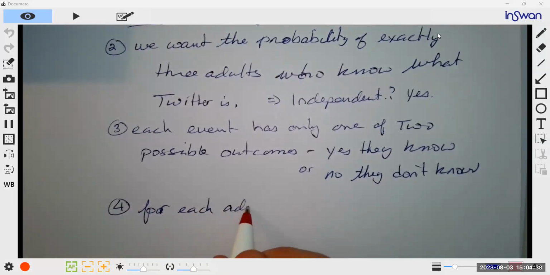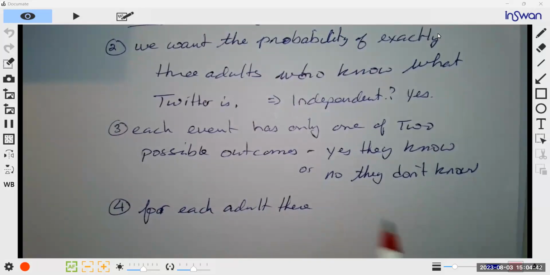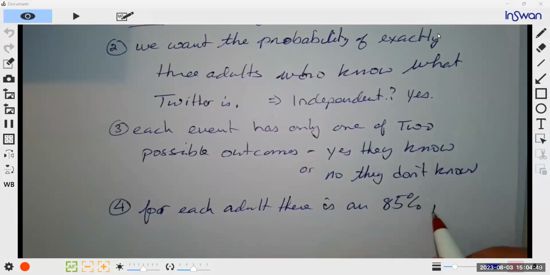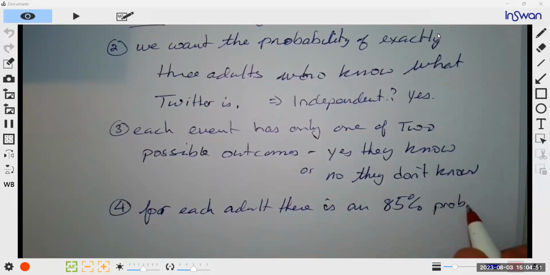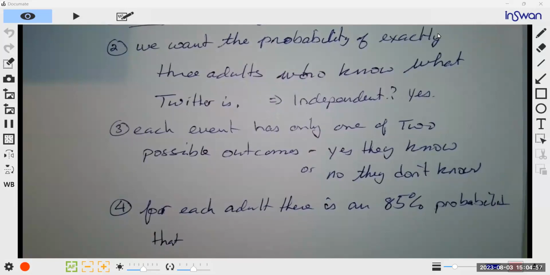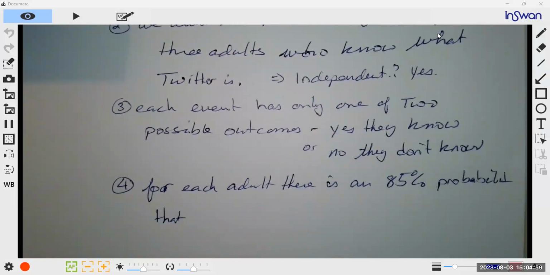For each adult, there is an 85% probability that they know what Twitter is.